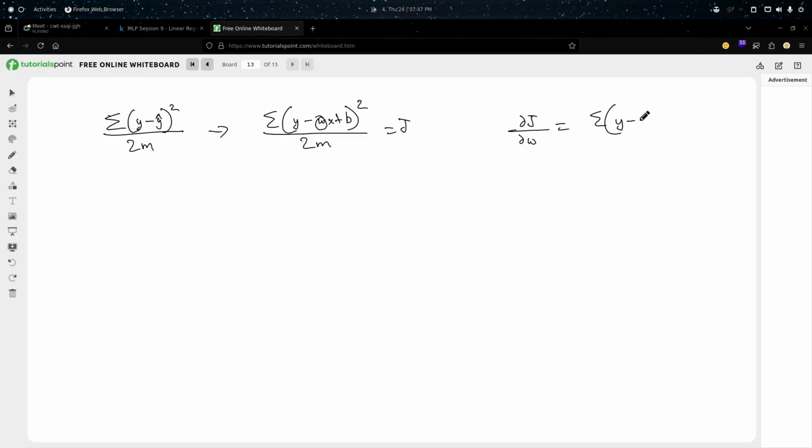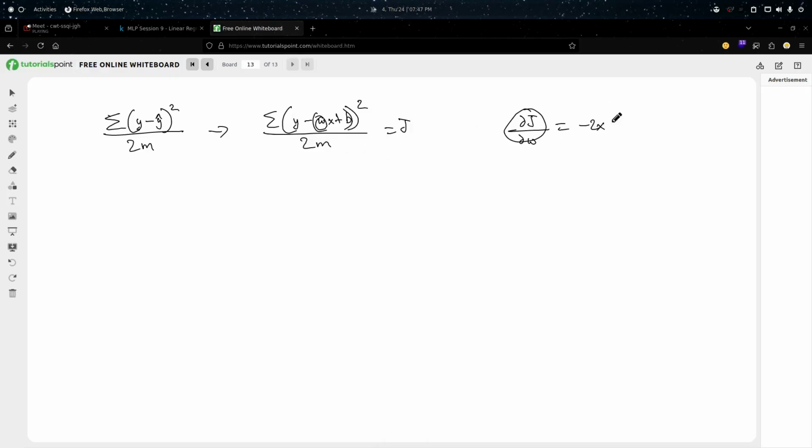Y minus, and for w the derivative will be x, and since it is being subtracted, it becomes minus x. Also, we have the square here. This is the chain rule happening, and this 2 will come here, so the final derivative will be minus 2x.